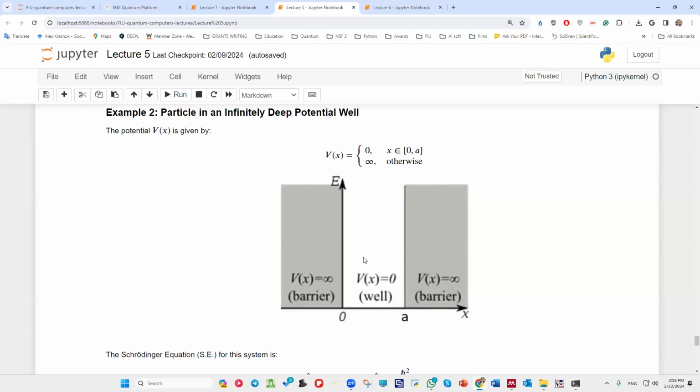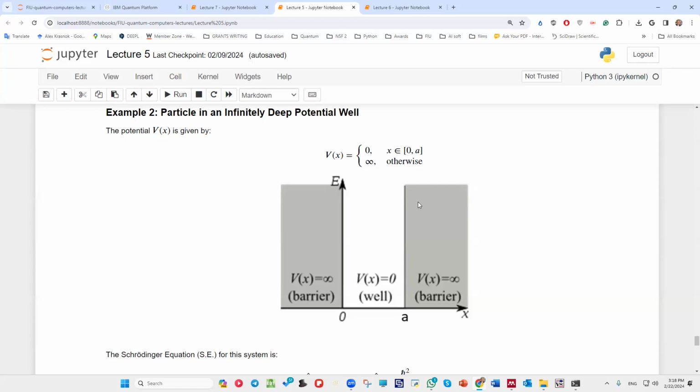It's basically a well with zero potential energy between two walls at 0 and a. Otherwise the potential is infinite. So the particle cannot go to the left here and to the right here. So the particle is trapped between two walls in this deep potential well.